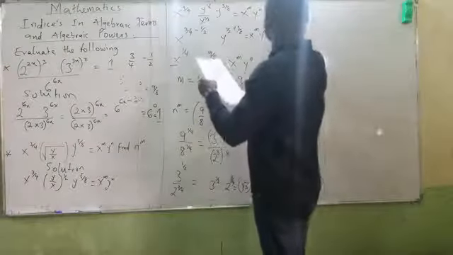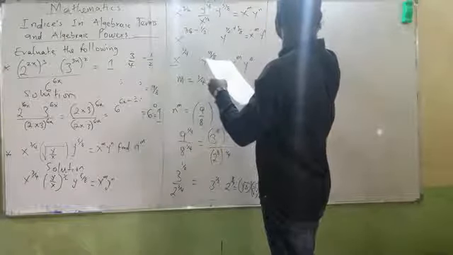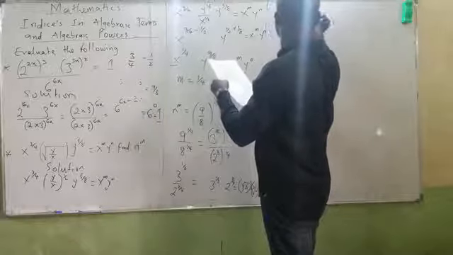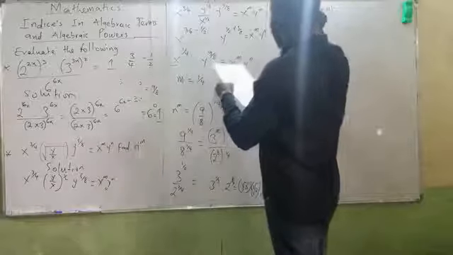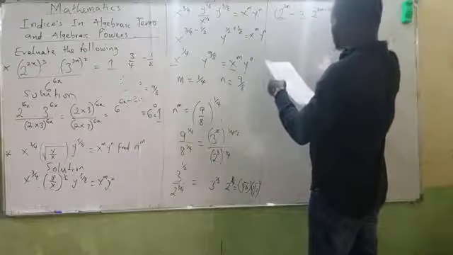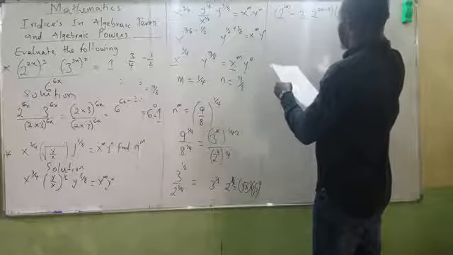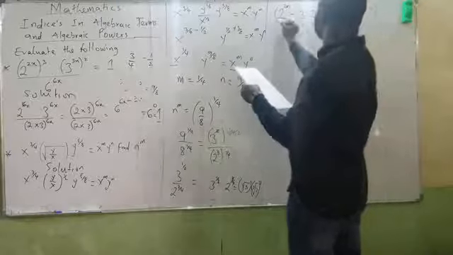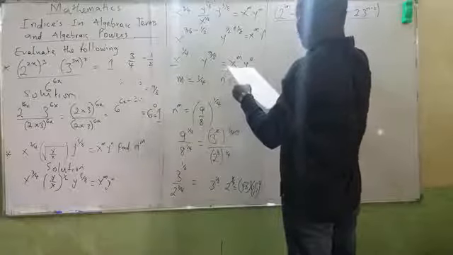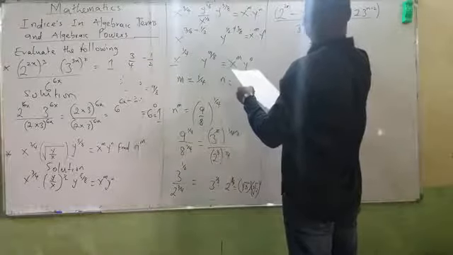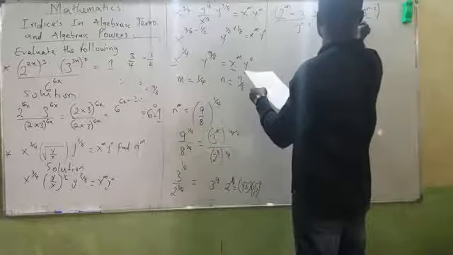I want to evaluate this particular problem: 3 dot 2 raised to power 2n minus 2, and 3n minus 2 dot 3 raised to power n minus 2, divided by 3 and 4 raised to power n plus 3 minus 2 raised to power 2n.